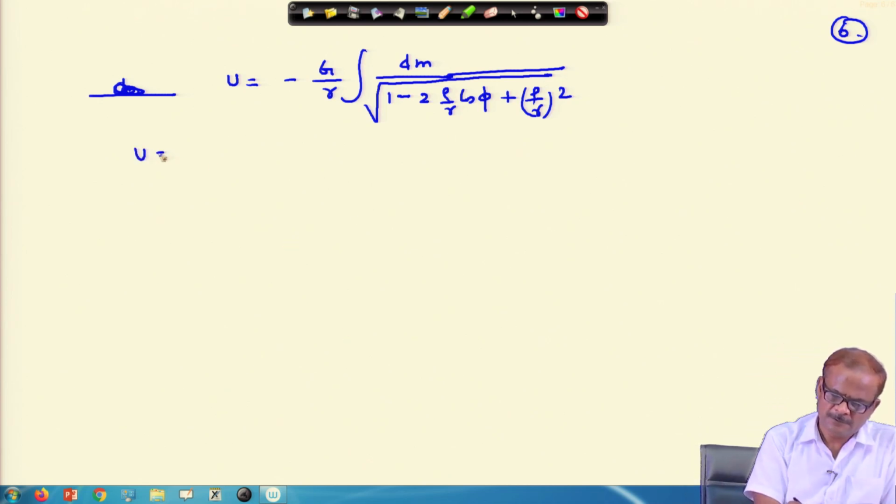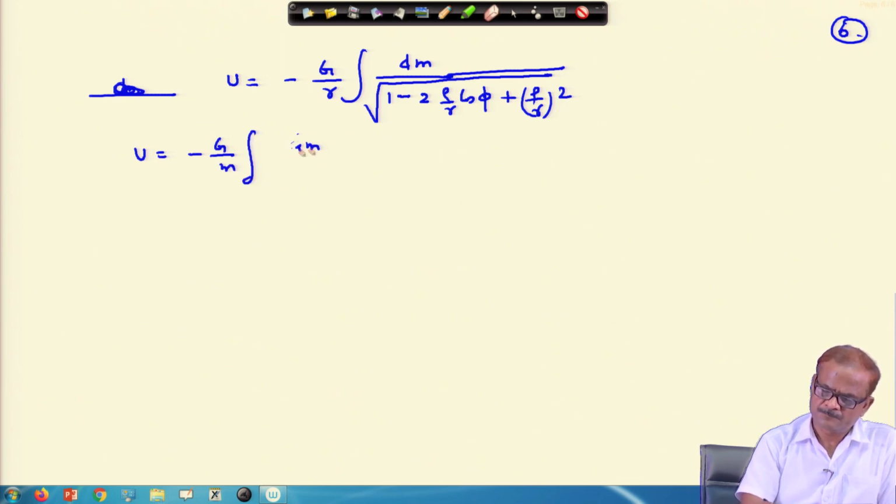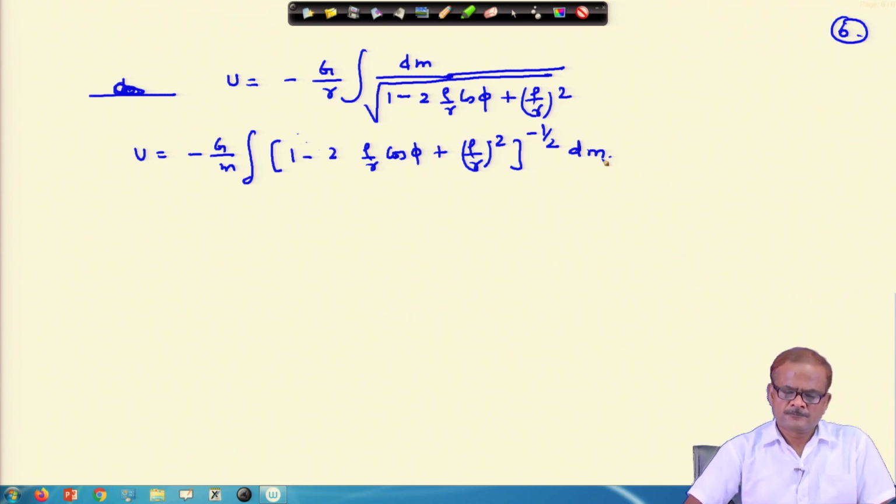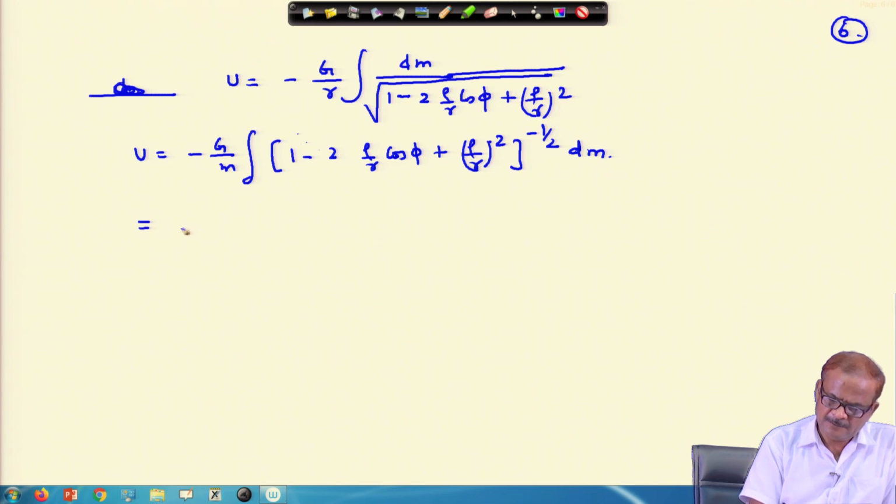So, using the binomial expansion we can work it out. So, this is the equation that we have, and if we expand it to a few terms, this is g by r here.